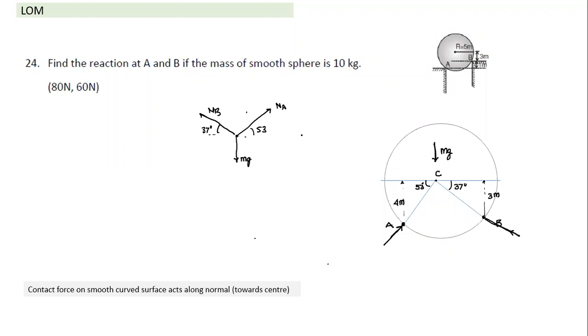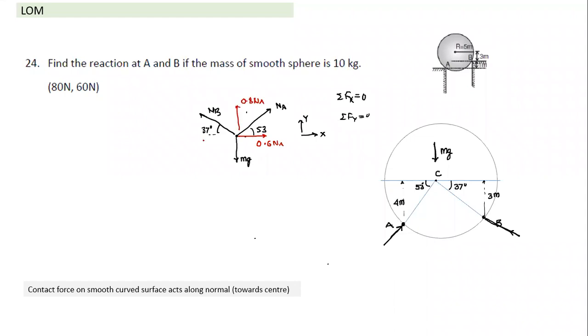If I take this as X direction and this as Y direction, we need the summation of force X component equal to 0 and Y component equal to 0. So we can express them in the form of their components. For those who are still struggling with the basics, if this angle is 53 degree, this will be equal to 0.6 NA and this will be equal to 0.8 NA.